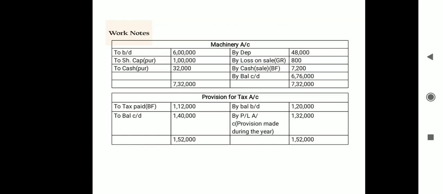So by profit and loss account 1,32,000, close the account, and you will get the balancing figure on the debit side, which we assume is tax paid. The provision made during the year, 1,32,000, is a non-cash expense, and the tax paid, 1,12,000, will be used as the last deduction item while calculating cash from operating activities.